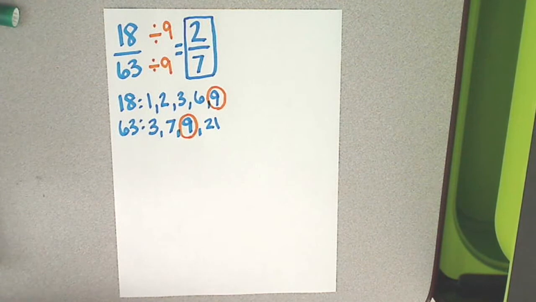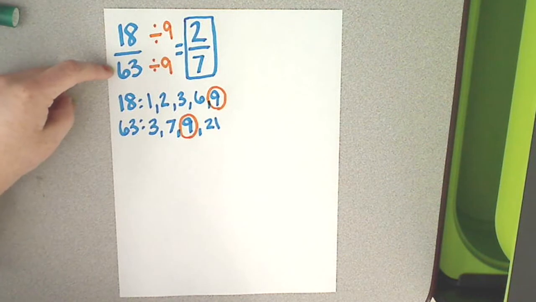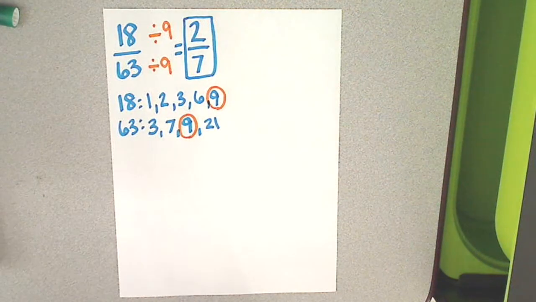Now, simplifying fractions is simply putting a fraction into its most simple form, because 2/7 is a whole lot easier to imagine, to draw, to create than 18/63. I mean, if you want to sit down and draw out a fraction strip and break it into 63 pieces and then shade 18 of them, go for it if that makes you happy.